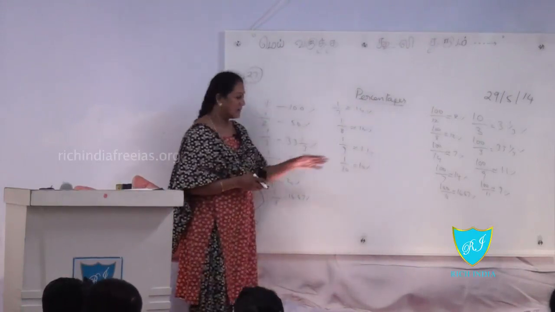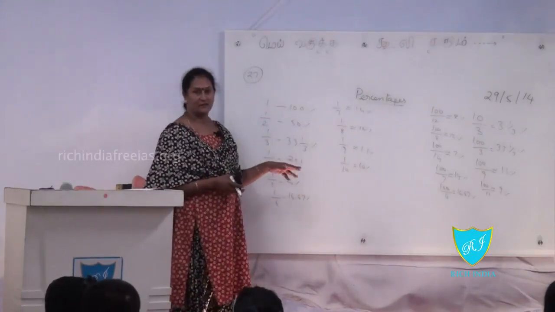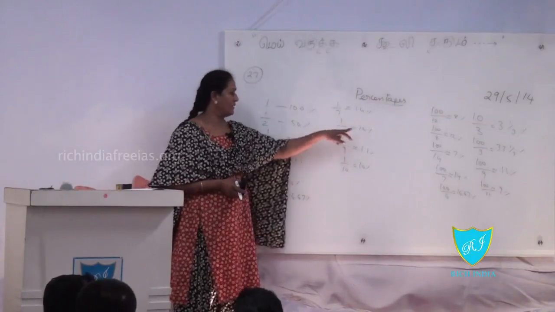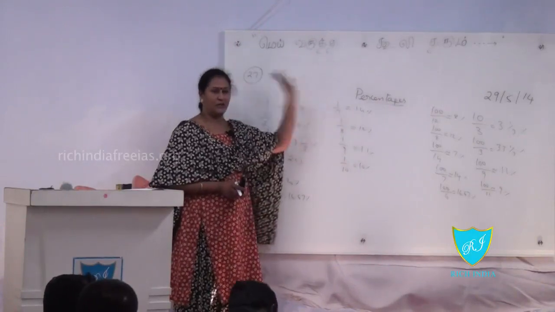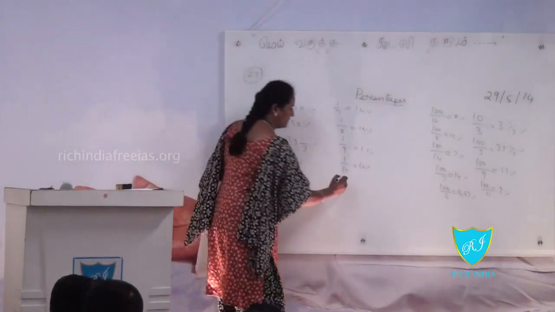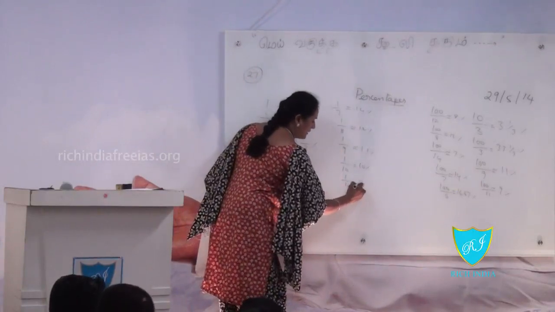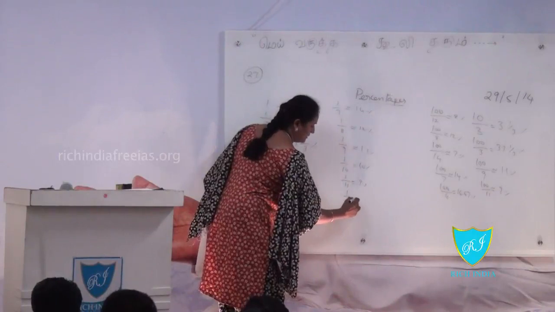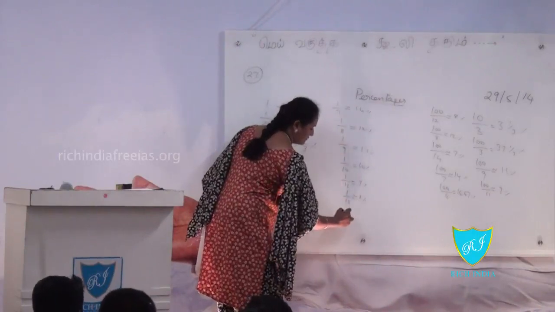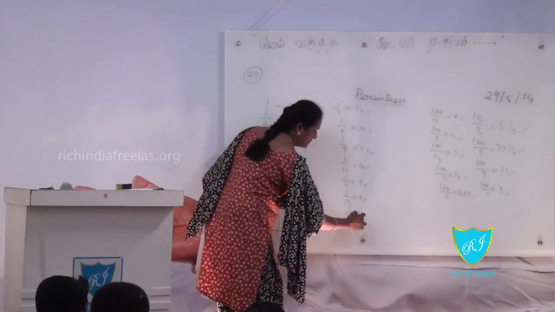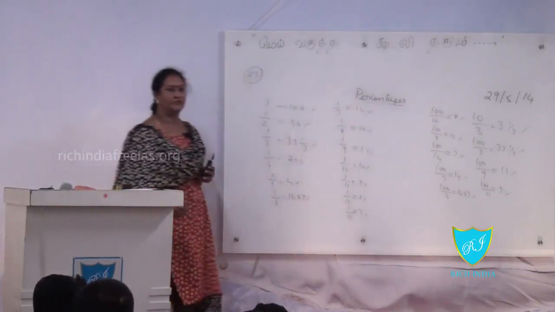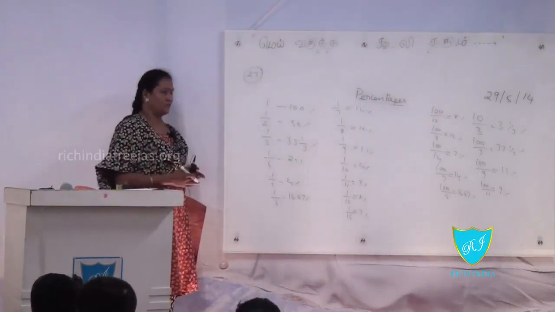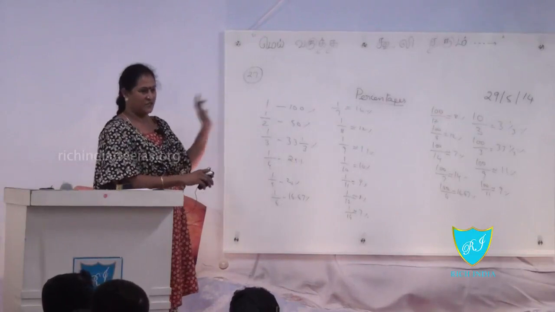So in the 10 all the values will be reversed. So 1 by 11 it will be 9, 1 by 12 it will be 8, 1 by 14 it will be 7. Okay. So 1 by 11 9, all this approximate. 1 by 12 8%, 1 by 14 7%. So you will be knowing this percentages.